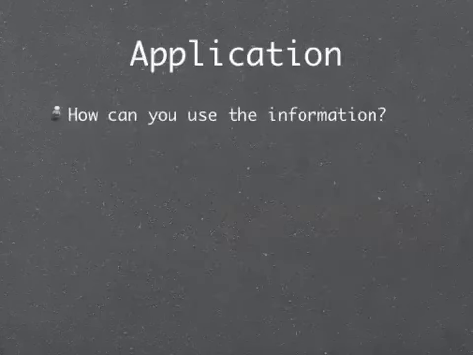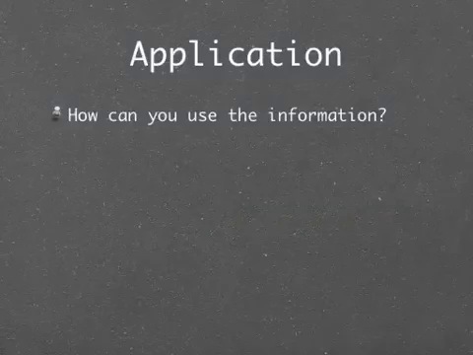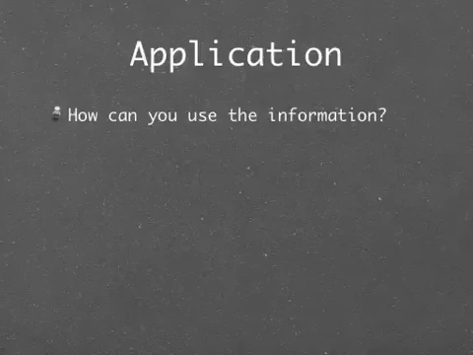Here's a new section I'm adding for this class. It's the application section. Now in this section I'm allowing you to go into the first person because I want to know how you can actually use this information. So write in the first person. I don't have any examples because this is a brand new section in this assignment.